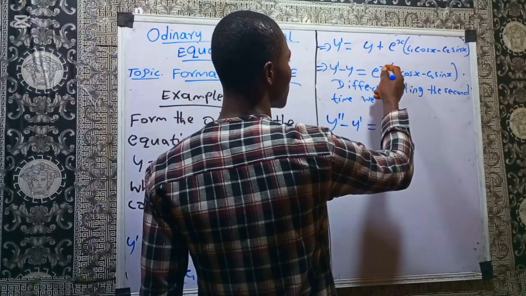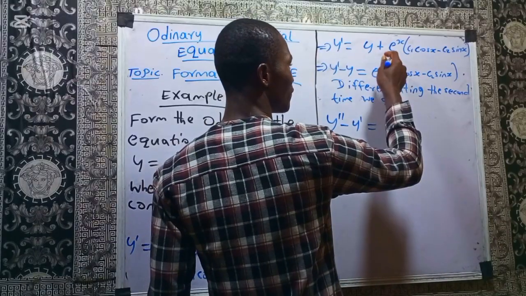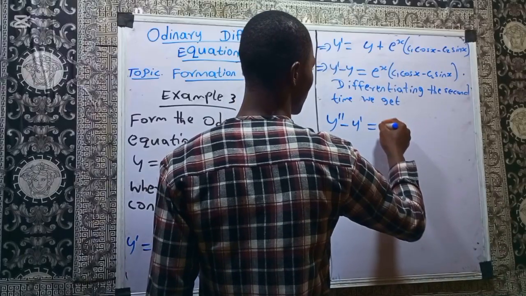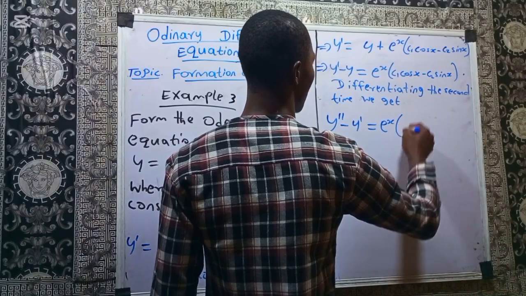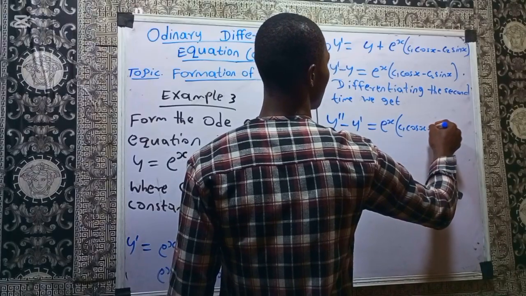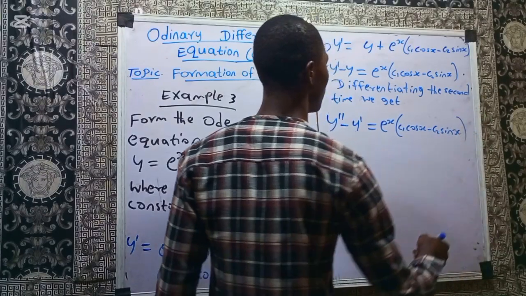Using the product rule, differentiate the exponential and you still have the exponential back. We are now keeping c1 cos x minus c2 sin x. What's the next thing?